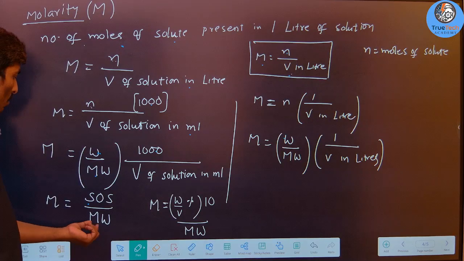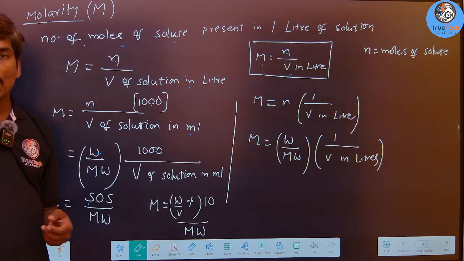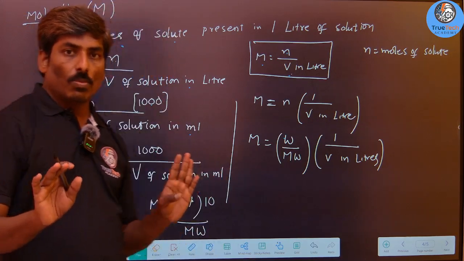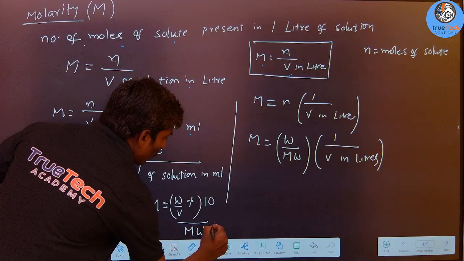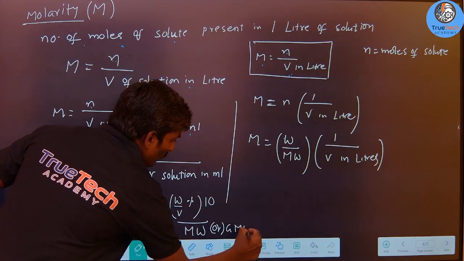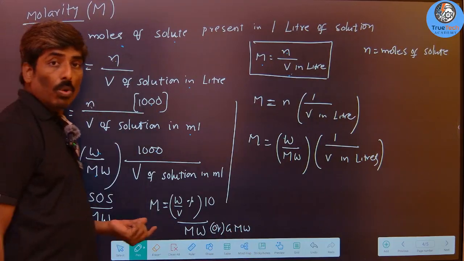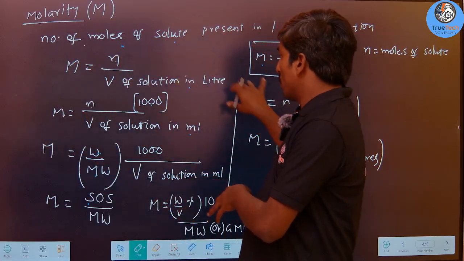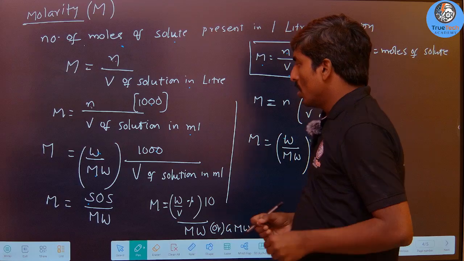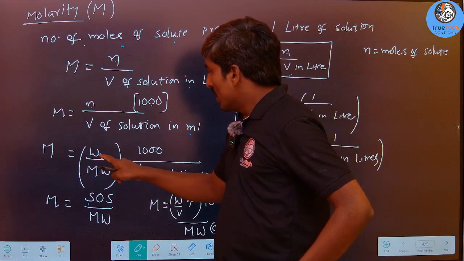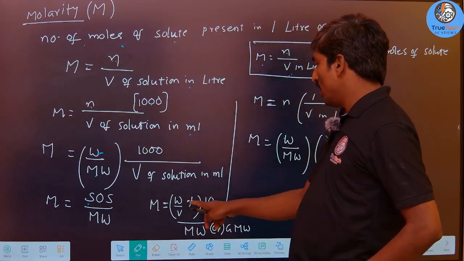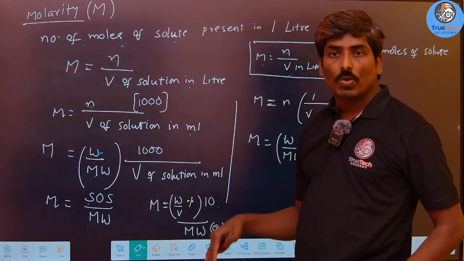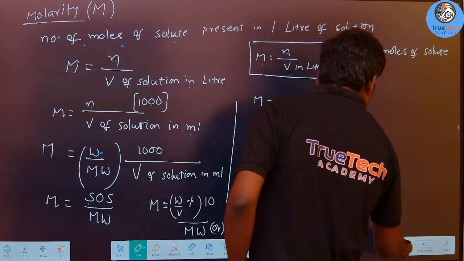Molecular weight or gram molecular weight, GMW, both are the same. So this is how molarity has different formulas. The simple thing is that these three terms are replaced by SOS, and SOS is replaced by weight by volume percentage into 10. Okay, we will go to some numericals so that you can understand.